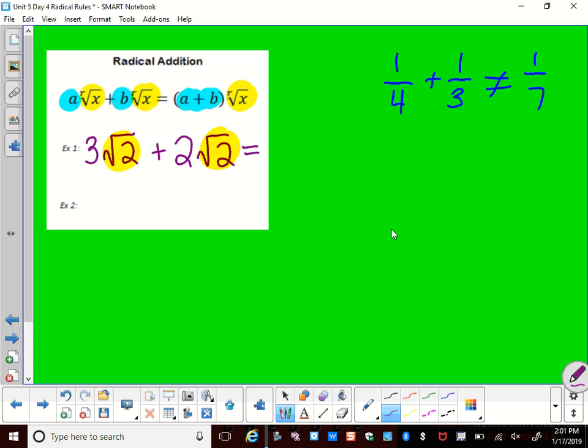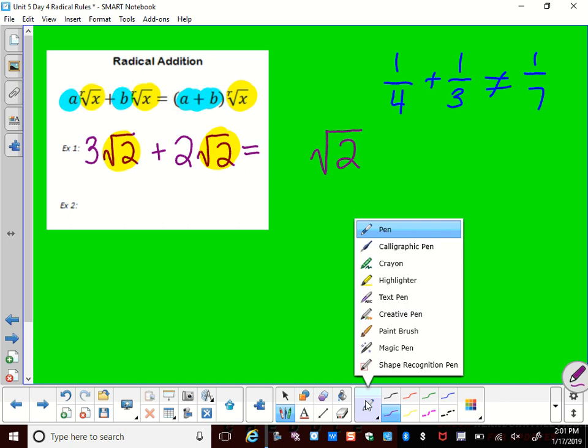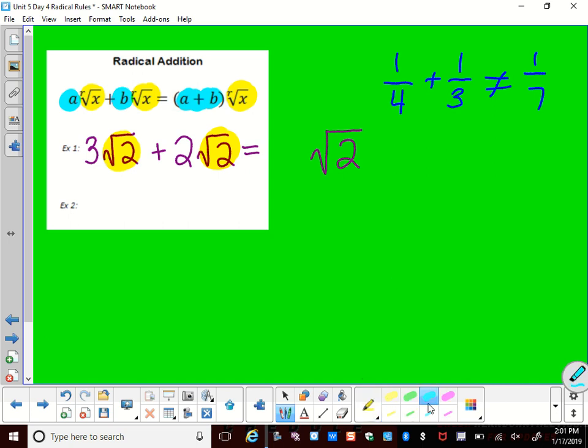So your answer, your radical will be exactly what it was. Square root of 2. Oh, so it doesn't change? It does not change. It does not become square root of 4. Just the number that's outside? Mm-hmm. Okay. So the numbers on the outside, 3 plus 2 is 5. So my answer is 5 root 2.